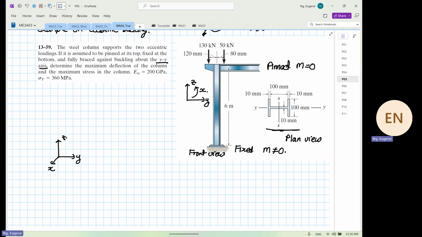So if I sketch this structure out, it will look like this.